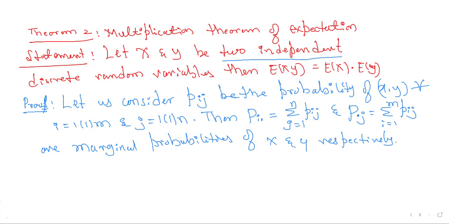Then we'll consider the same LHS part. Consider the expected value of xy, which is equal to the double summation, i running from 1 to m, j running from 1 to n, of xi yj into Pij.